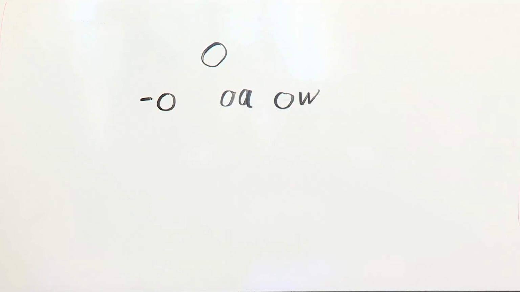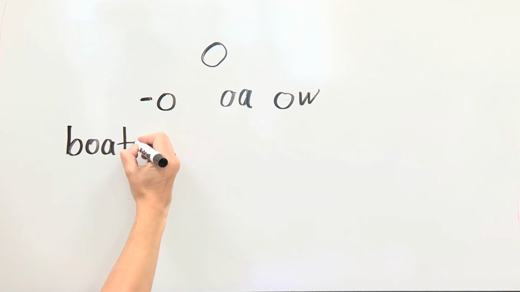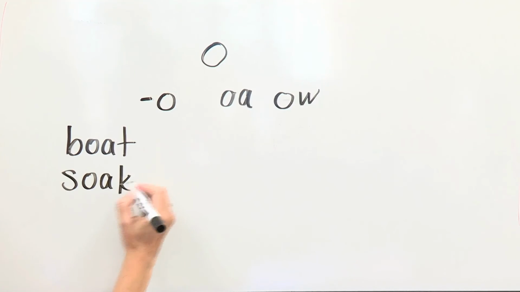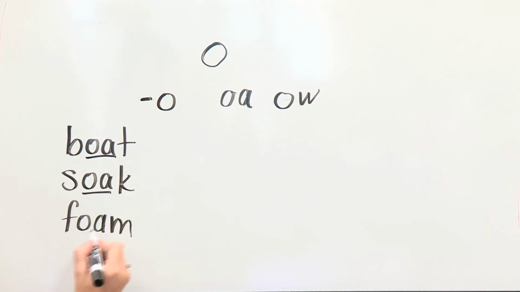Okay. So if we look at the pattern OA, we have boat, soak, foam. All right, long O in the middle of a word. These are all one syllable, spelled OA together.